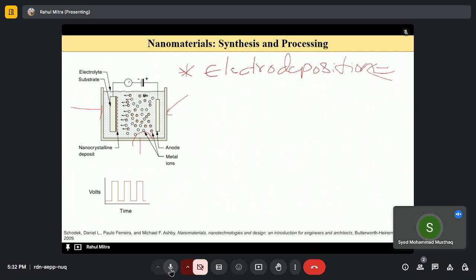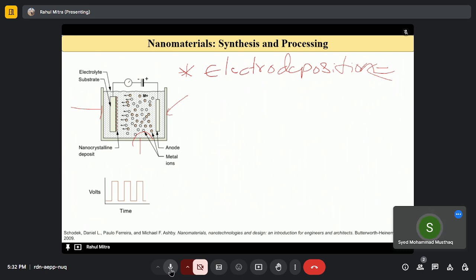If I have a negative ion, that will move towards the positive electrode, which is the anode. And if I have a positive ion, that will move towards the negative electrode, the cathode. The same thing happens to deposit metal layers on conducting surfaces.